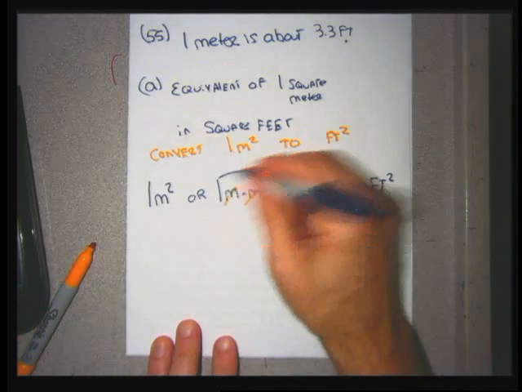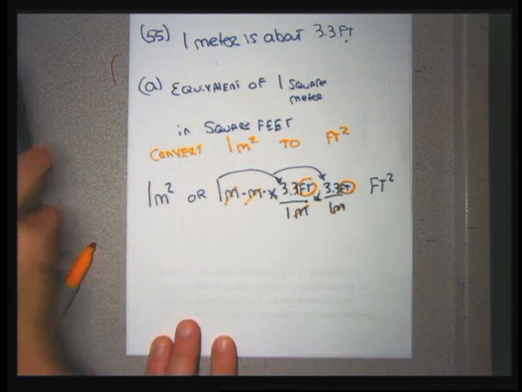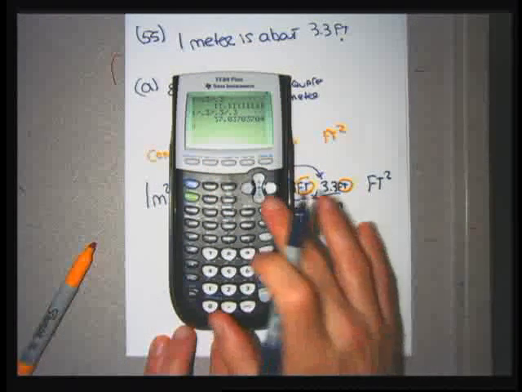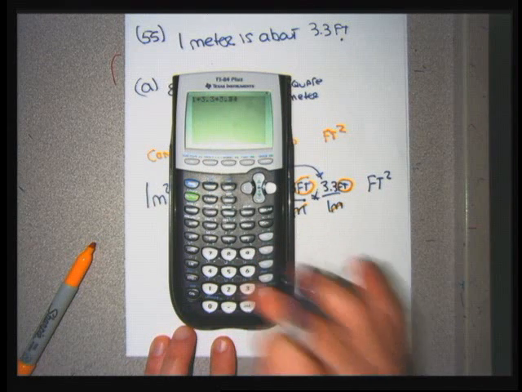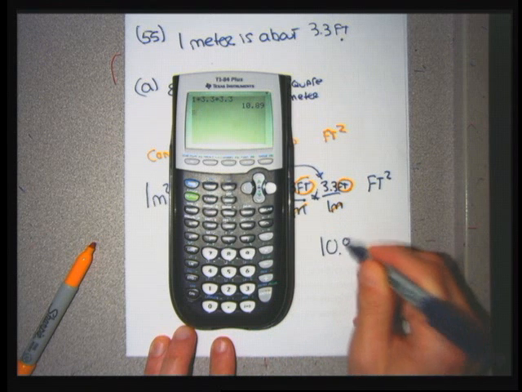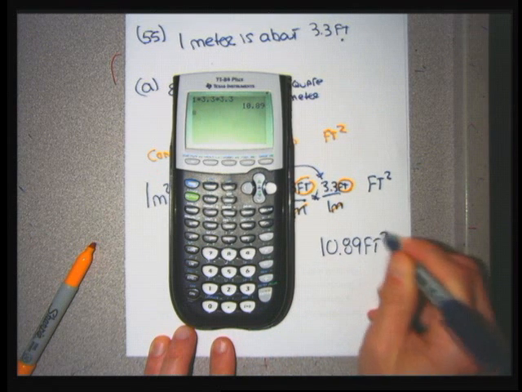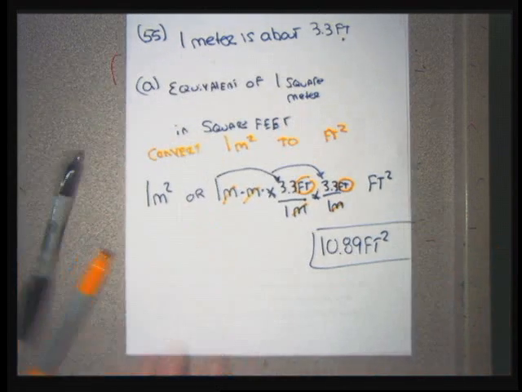And the number I'm going to get by multiplying 1 by 3.3 by 3.3. So to get the number that goes in front of my square feet, I go 1 times 3.3 times 3.3, and I get 10.89 feet squared for the answer to 55, part A. The nice thing about this is this happens to be an odd problem.